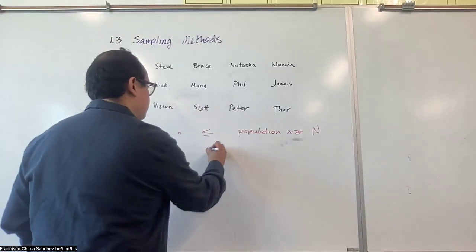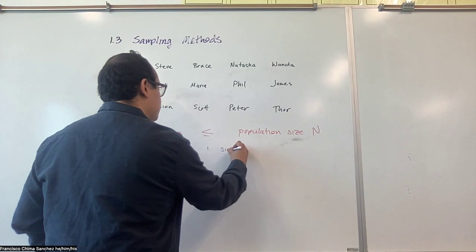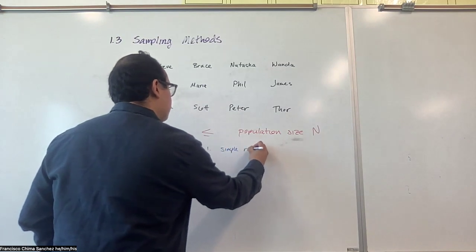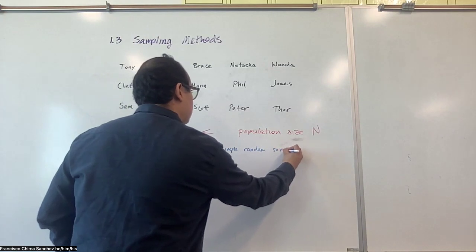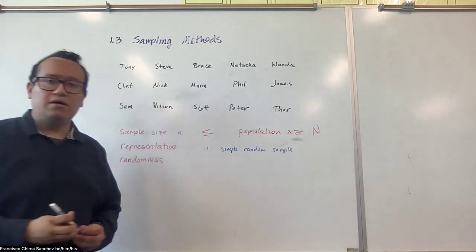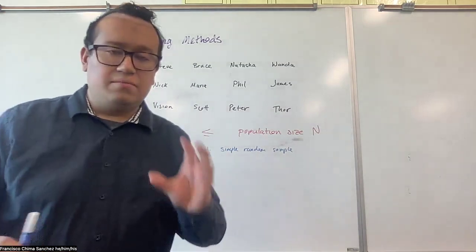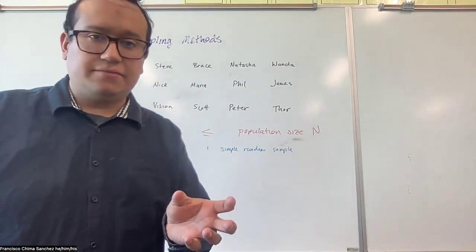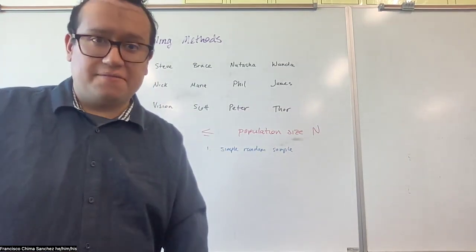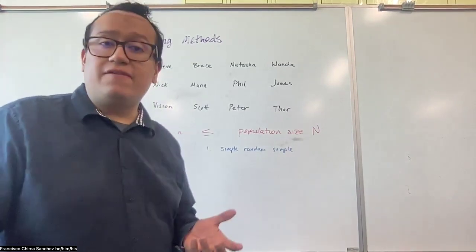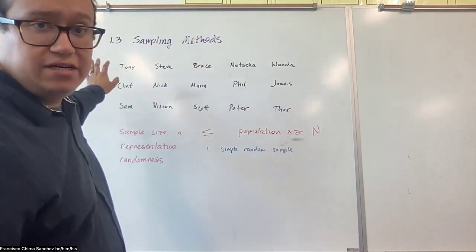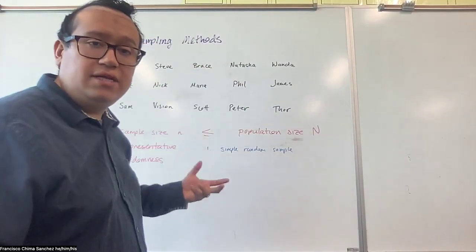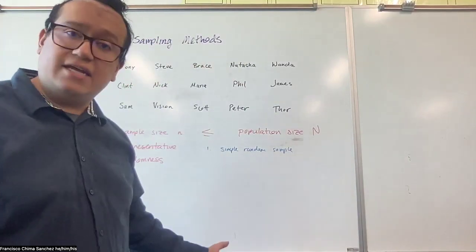Number one, your simple random sample of size n, which you would do by picking your sample size, let's say 5, right? So if n equals 5, then every name or every subject in your population has an equally likely chance of getting selected, right?